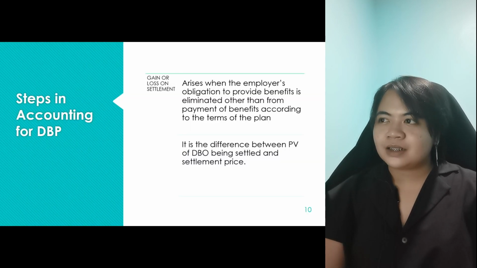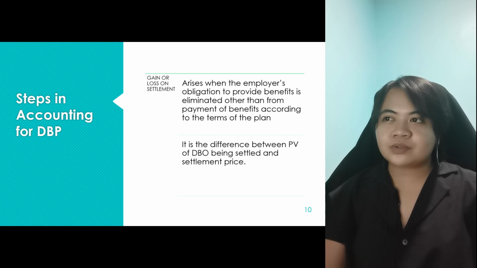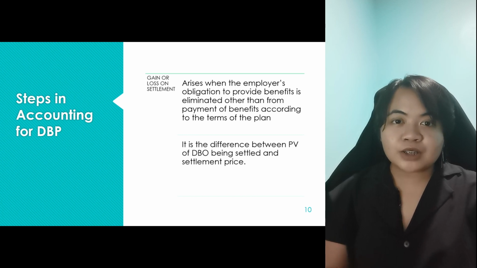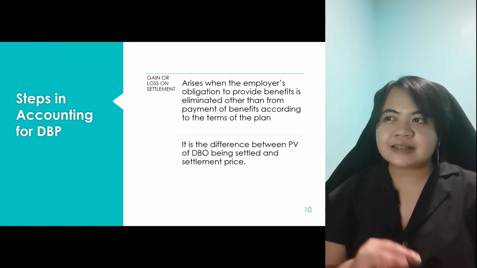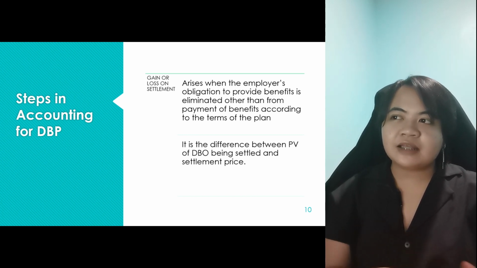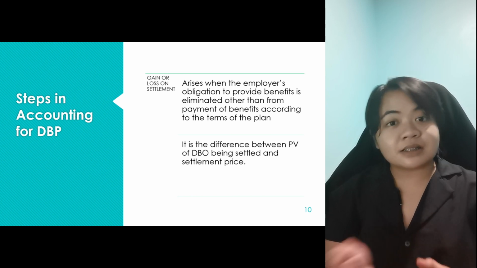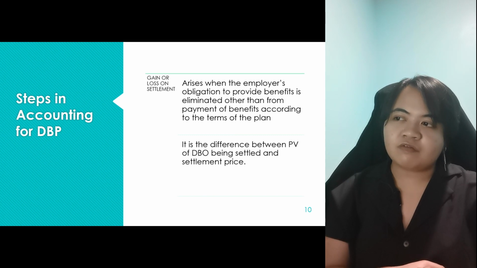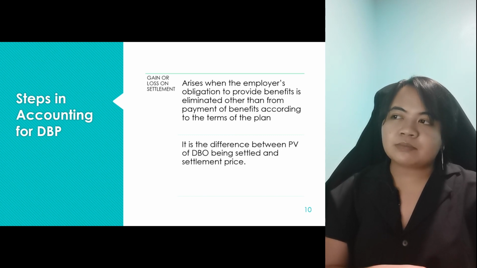Okay? Next, we go to gain or loss on settlement. So, ito po naman is kapag daw yung obligation ng employer to provide benefits is eliminated other than from payment of benefits according to the terms of the plan. This is the difference between present value of DBO being settled and the settlement price. Yan.